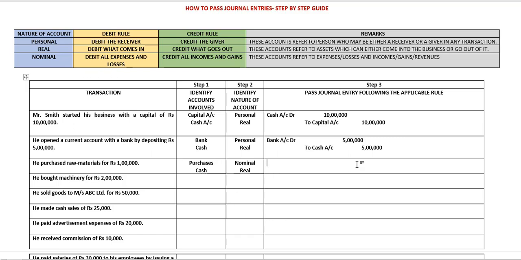So we will debit the purchases account with the amount of transaction. And again cash, since cash is a real account and it is going out of the business, we will credit it, as already done in the previous two transactions.